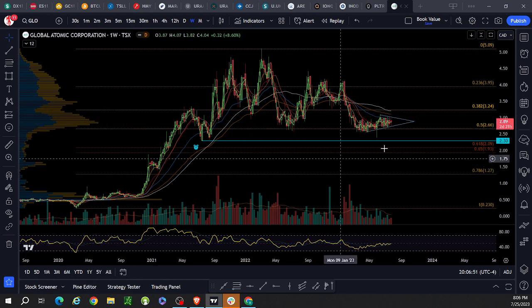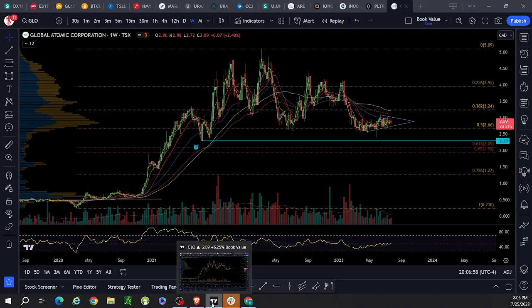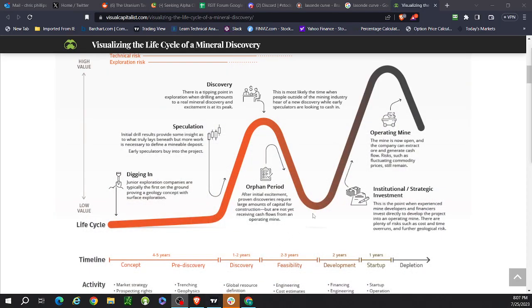So, I consider Global in, well, I guess they call it the orphan period, right? The Lassonde curve. So, I'm looking at DASA, I'm looking at Global as somewhere in this area as far as I'm concerned. Just about to get into the development part, or actually beginning the development.